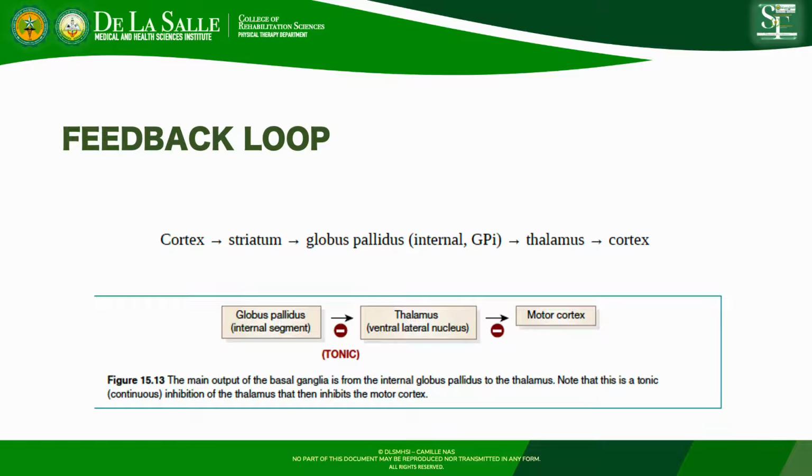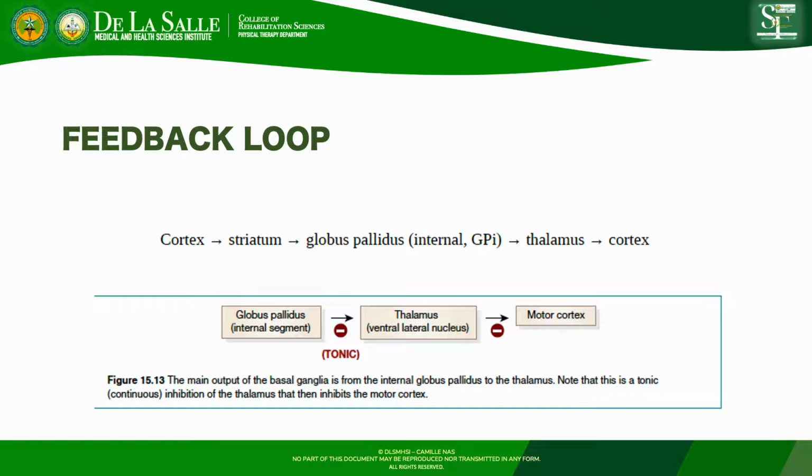I hope that you understand the feedback loop. Again, from the cortex, it will go to the basal nuclei. The globus pallidus internal specifically is the one that will communicate with the thalamus. The thalamus is now a part of the brain, so there's a connection between the basal nuclei and the cortex through the thalamus. From there, the cortex will now send the appropriate response or movement based on the message of the basal nuclei to the spinal cord.